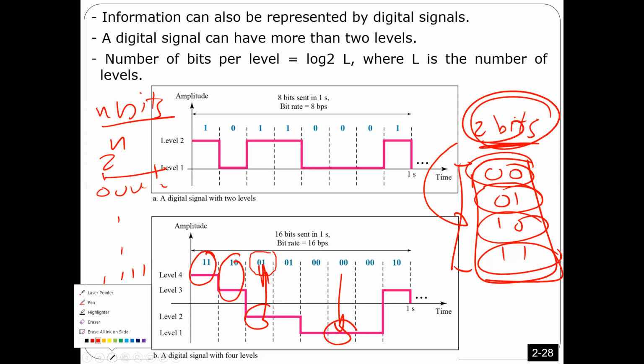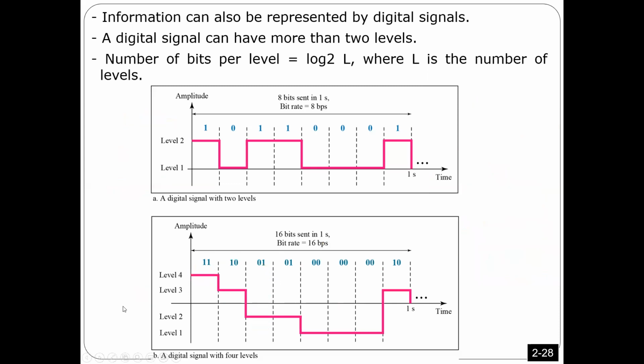So now I want to get a relation between the number of levels and the number of bits represented in every level. Very easy. The relation is, if you have n bits, then the number of levels I can have is 2 to the power n. So L, the number of levels, should be 2 to the power n.